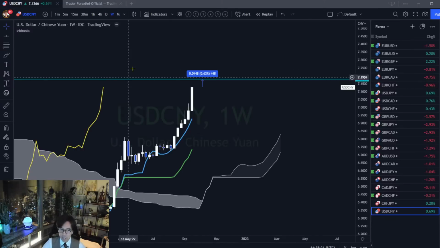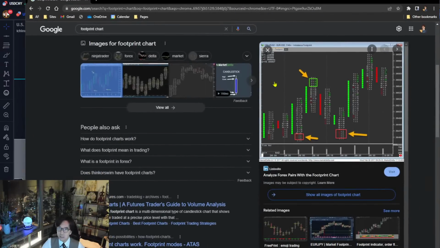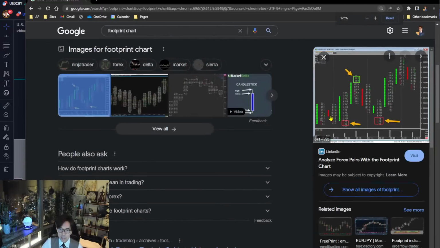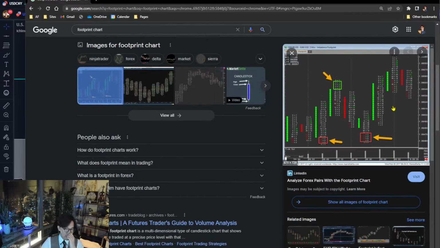I used to have lots of indicators, lots of strategies, and order flows, and other information, but not specifically the footprint. So this is how the footprint looks, and I don't really know how to read it, and I don't really use the footprint chart.